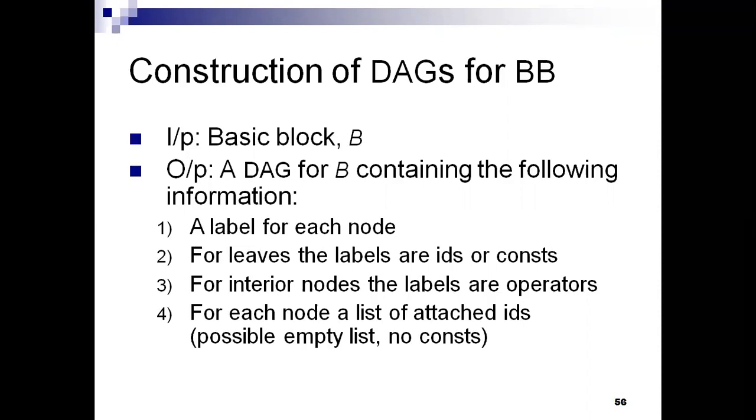For leaves the labels are IDs or constants, and for interior nodes the labels are operators. For each node, a list of attached IDs is possible, which may be an empty list, with no constants. These are the information contained in B. The output we generate is in the form of a DAG, constructed by taking a basic block as input.